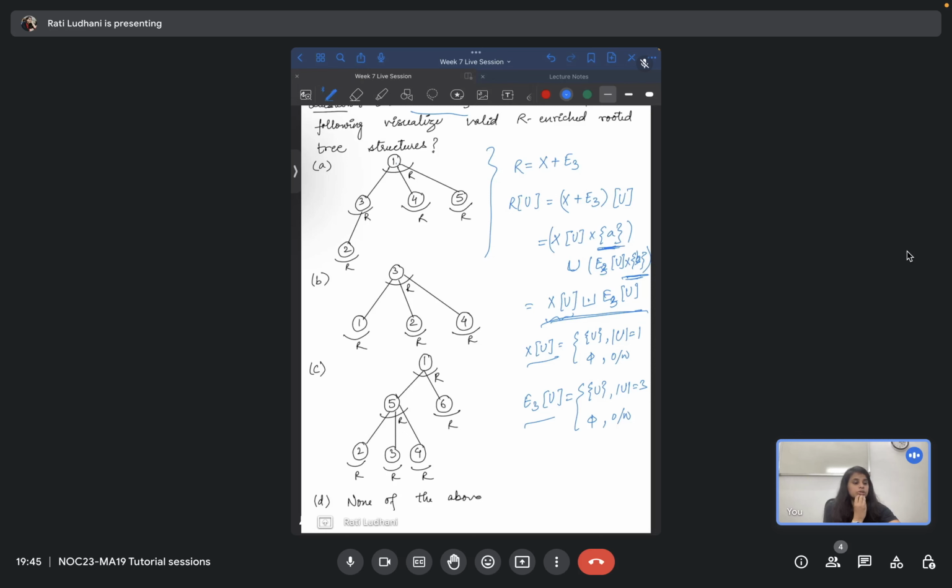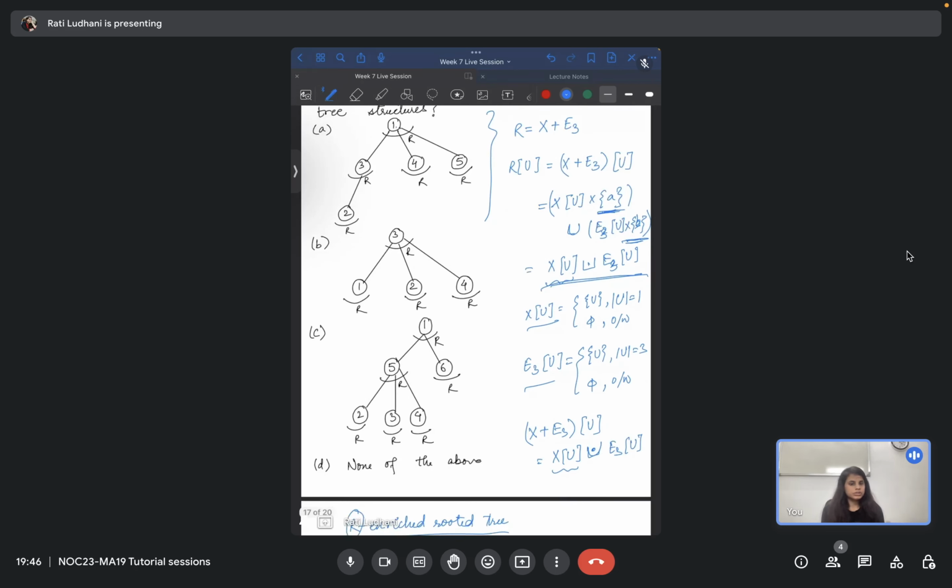Now what you need to see here is, when you do x plus e3, what will it do? You will either have an x structure on it, or you will have an e3 structure on it. These are the two structures you can have. So when will it not have these structures?